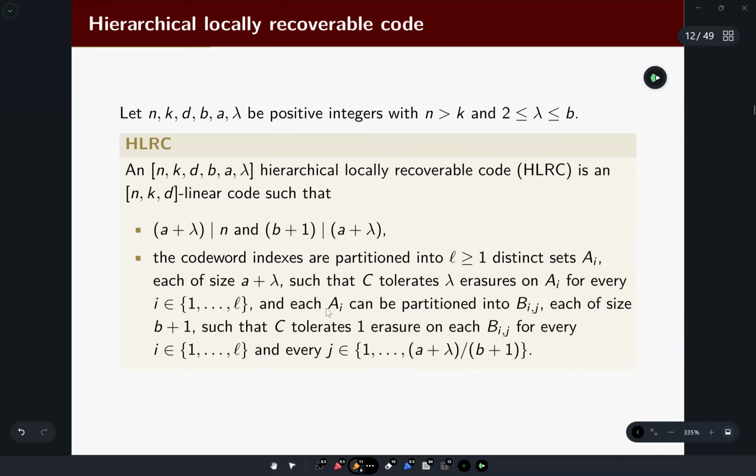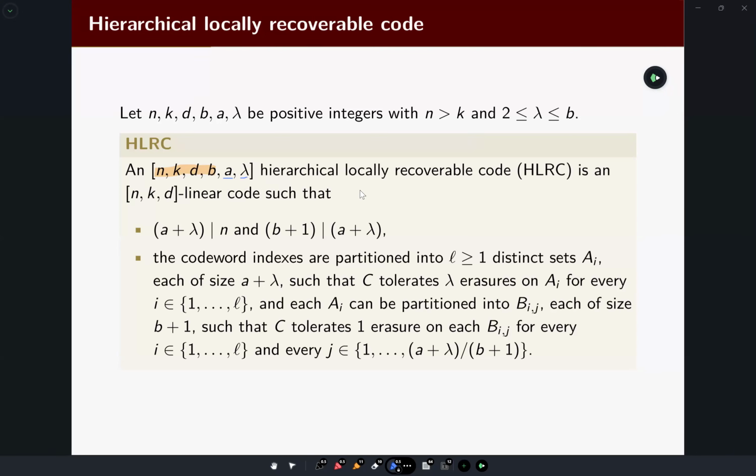And this allows us to define what we will see later, some construction of what is known as hierarchical locally recoverable code. So basically, we don't only have those 4 parameters, but we have 2 other parameters. So we have A and we have lambda.